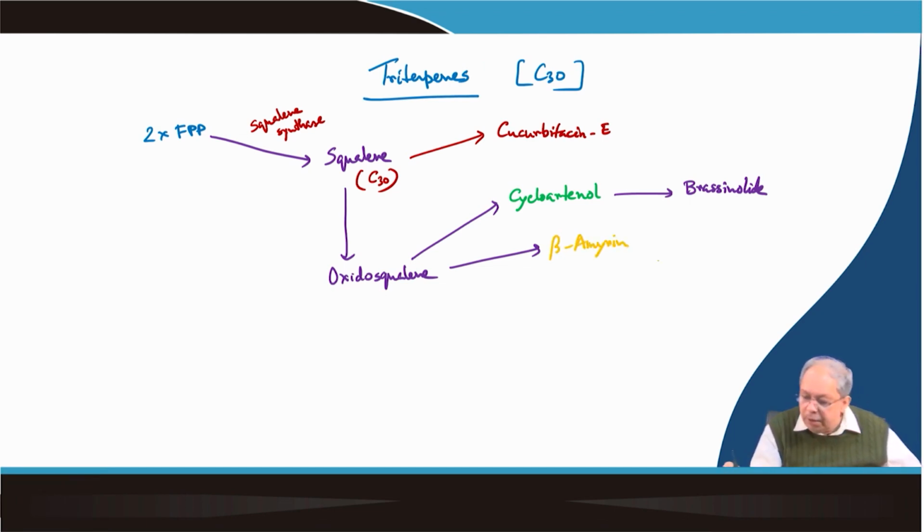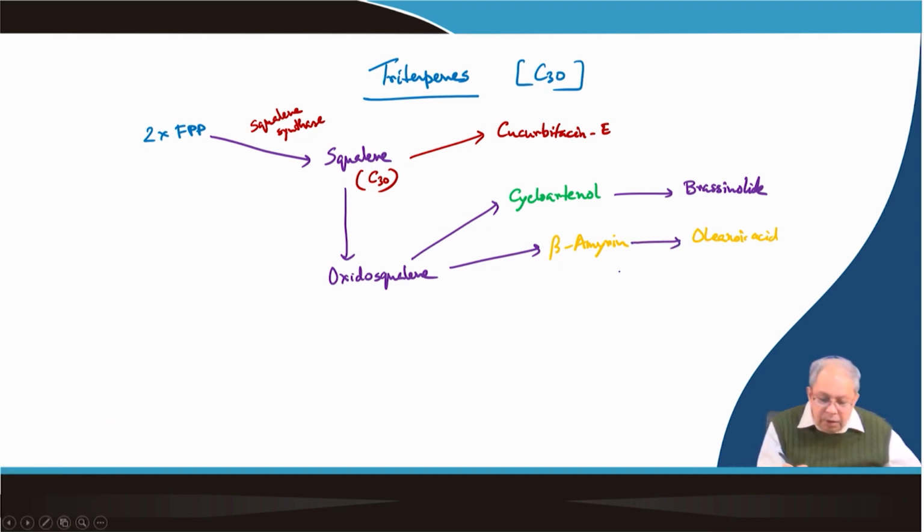And from beta amyrin, oleanolic acid is formed.